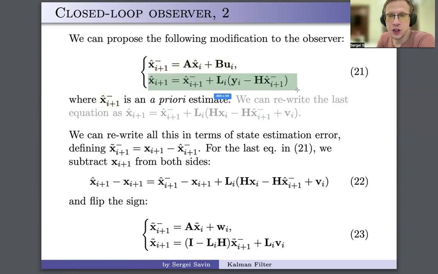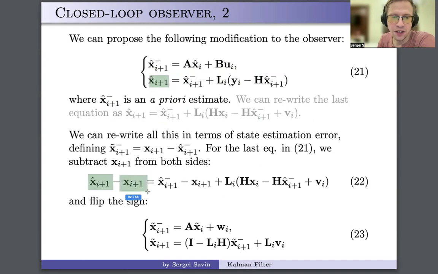In this equation, what we will do is subtract x sub i plus 1 from both sides. So on the right-hand side, we have x_i minus x_{i+1}. On the left-hand side, we have the a priori estimate minus x_{i+1}.